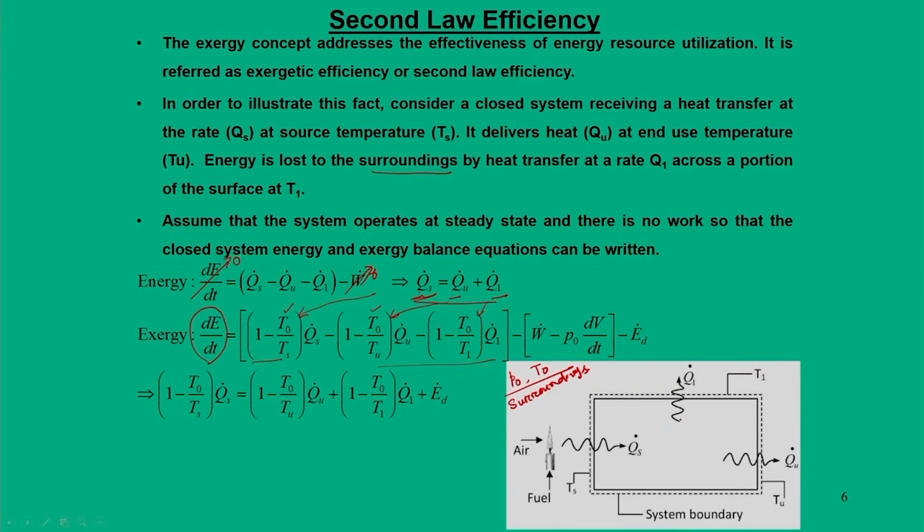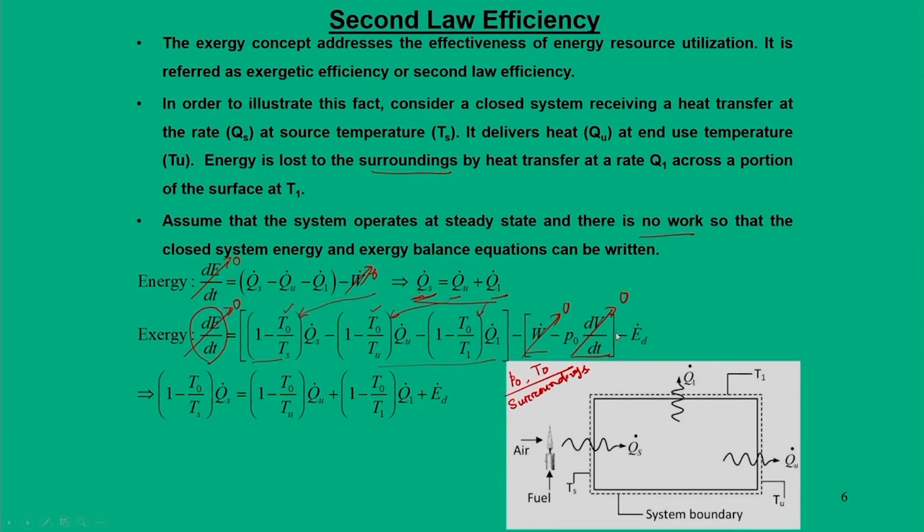Now, the system also could do some work transfer. So, that work transfer comes in this form. Now, in our closed system situations when there is no work, this term can vanish, and at steady state this term can vanish. Even here dE by dt is also 0 for the steady state.